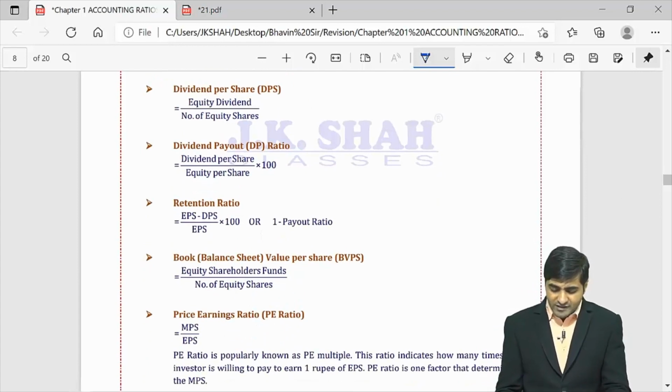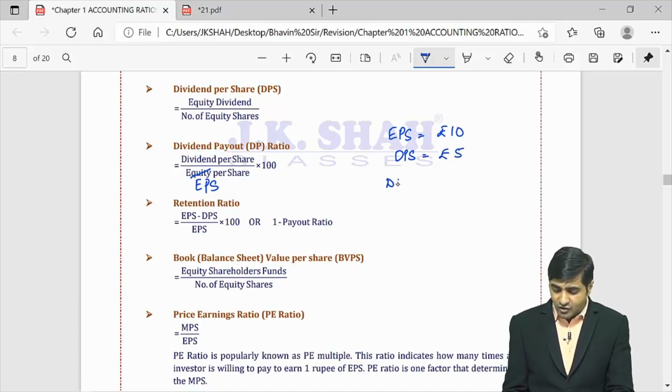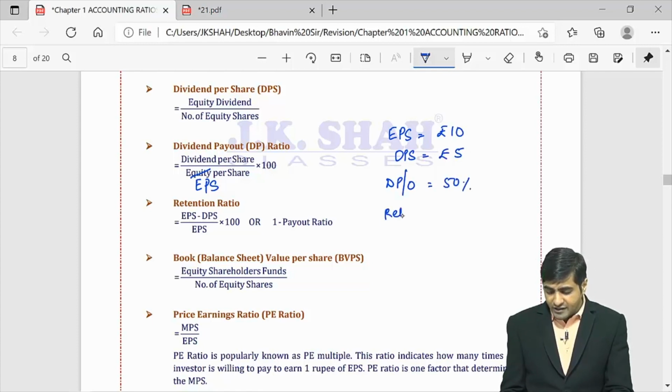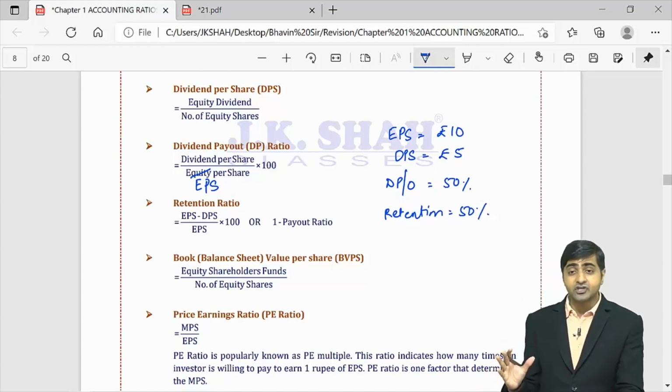Dividend payout ratio. Let's say your earning per share is rupees 10 and your dividend per share is rupees 5. Then your dividend payout is 50%, so automatically your retention will be 50%. So 1 minus dividend payout ratio will also give you retention.